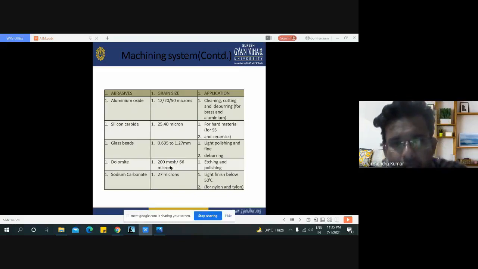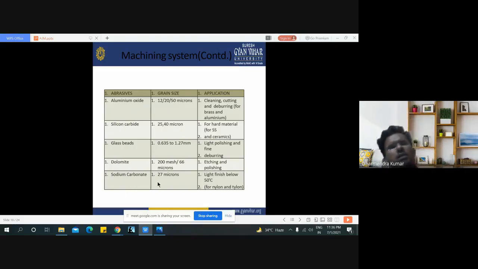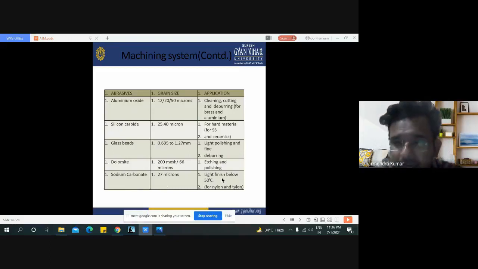Grain size is 200 mesh or 66 microns, for etching and polishing of workpieces. Another is sodium carbonate, with 27 microns grain size, applicable where light finishing is required, at 50 degrees Celsius, for nylon and Delrin.